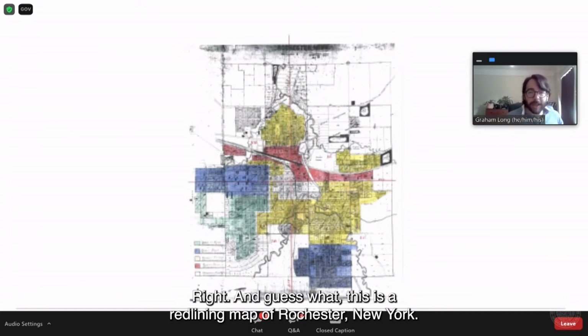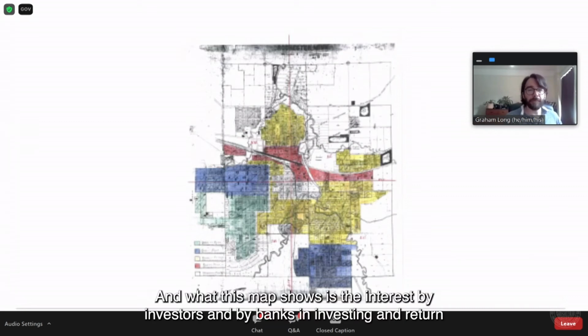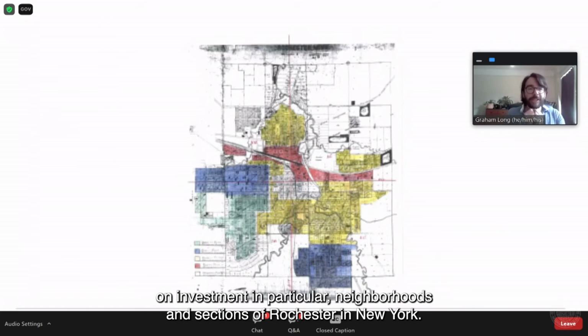And guess what? This is a redlining map of Rochester, New York. And what this map shows is the interest by investors and by banks in investing and return on investment in particular neighborhoods and sections of Rochester, New York.